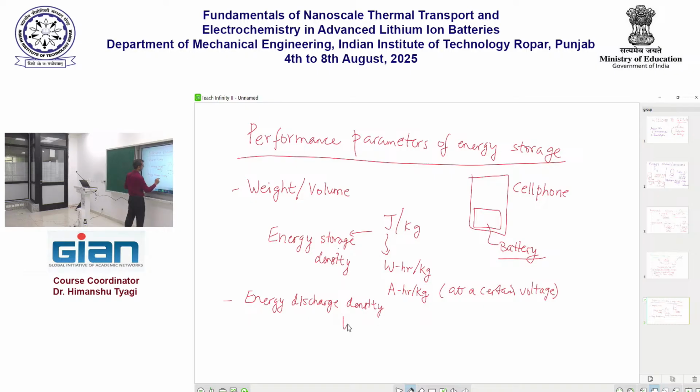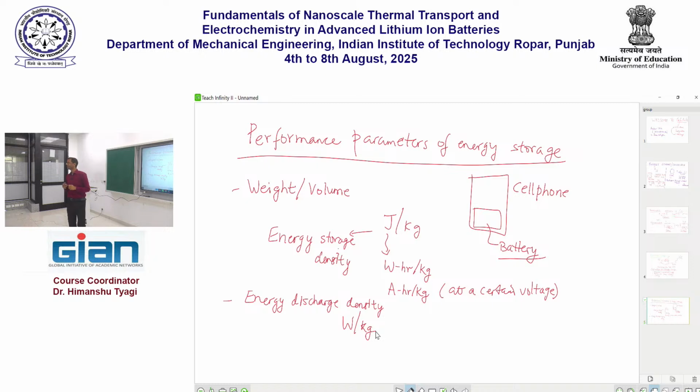And the idea there is how many watts of output can I get per kilogram. This is different from watt hours per kilogram. Watt hours per kilogram was how much is my storage capability, how much energy can I store, right? What I'm asking here is how much energy can I release per kilogram.